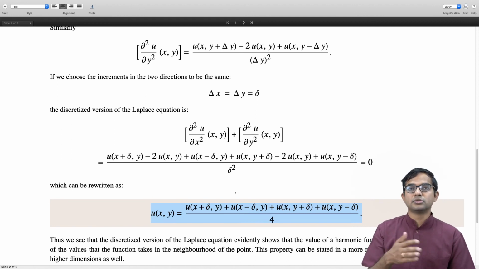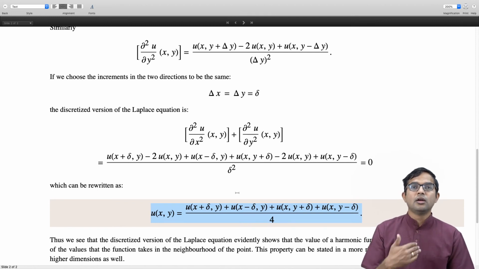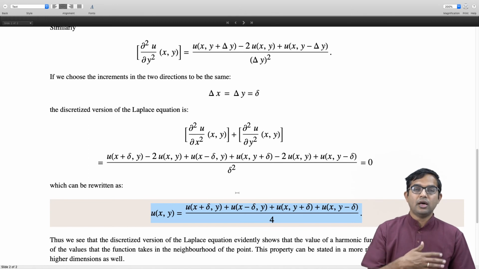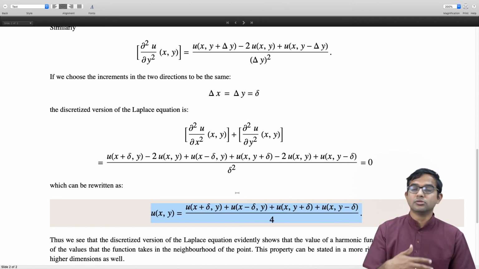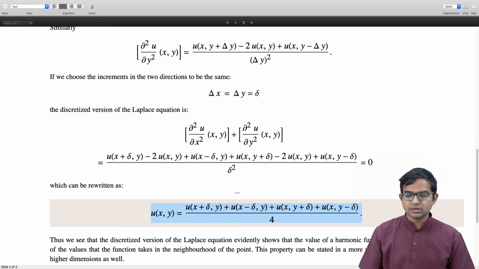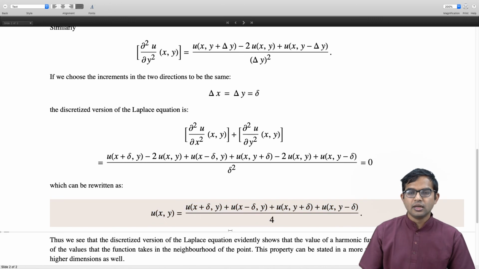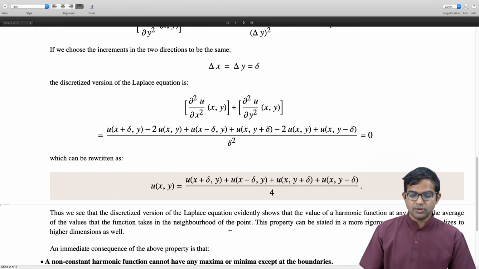So initially, of course, there will be lots of zeros, so many of these updates will probably return 0, but slowly you will start seeing that the values from the boundary will start showing up in all the points of the grid, and there's going to be a point where when convergence is attained, you can actually match the analytical solution with the numerical solution, and you'll see that they will be basically the same, right? So this is in fact a legitimate numerical technique to solve the Laplace equation.